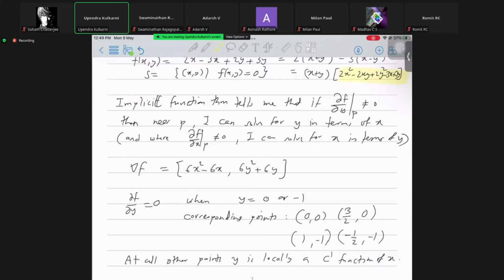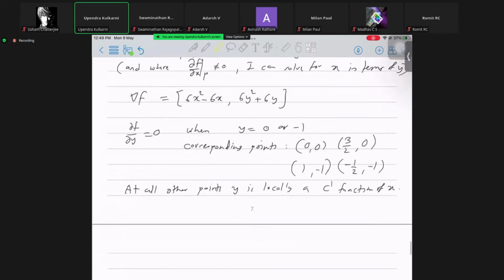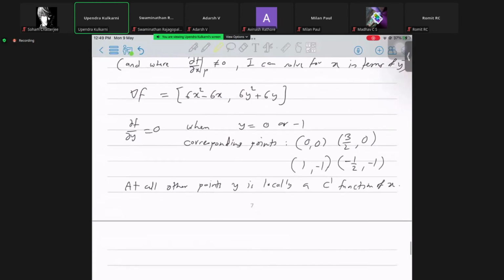Now you see what is going to happen at those points is that if I try to solve for y in terms of x, can I do that? Remember, the highlighted part over there is 0, right? So I can think of that as a quadratic equation and solve for y in terms of x. Let's do that.